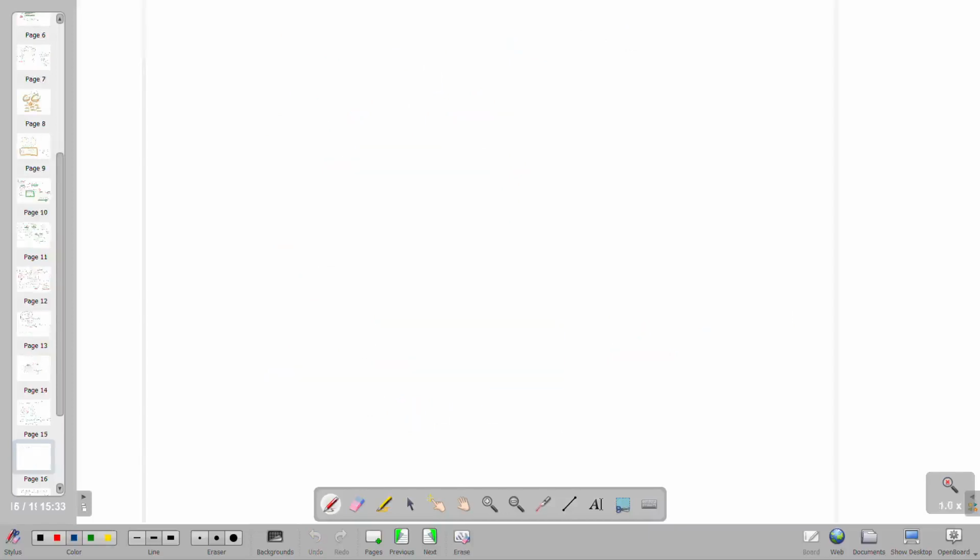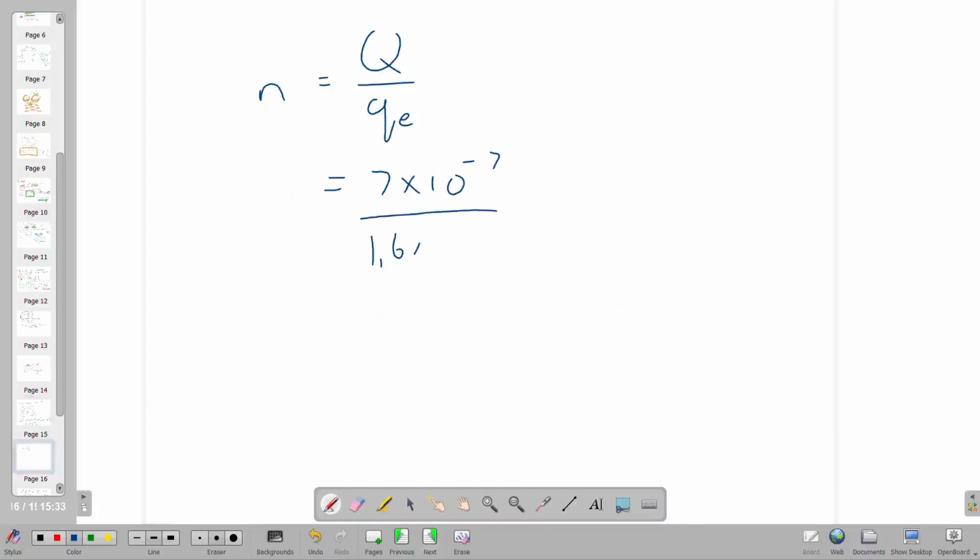And then just the last step, N equals Q over QE. So 7 times 10 to the negative 7, all the way over 1.6 times 10 to the negative 19.